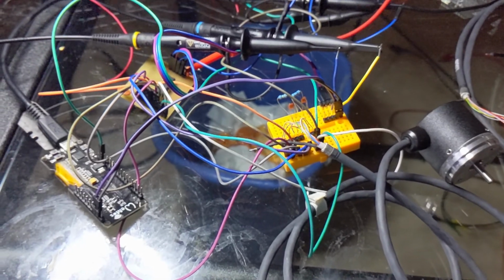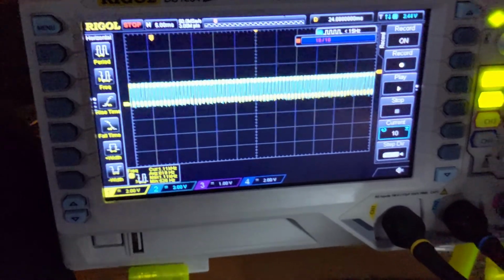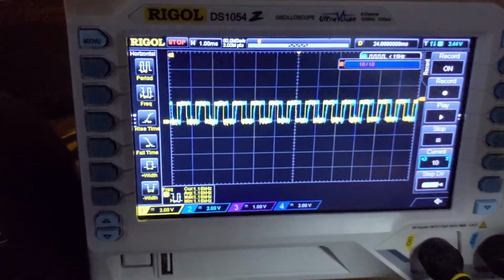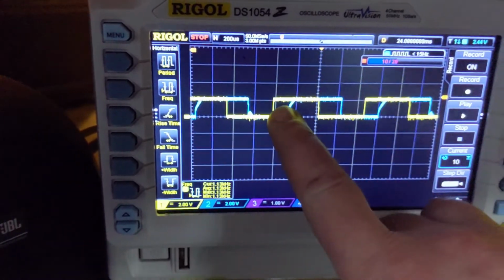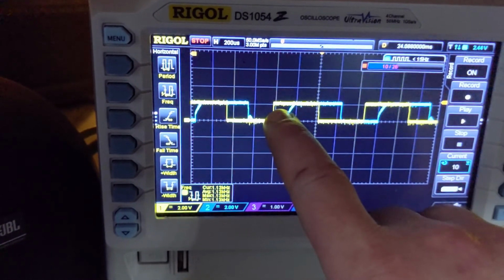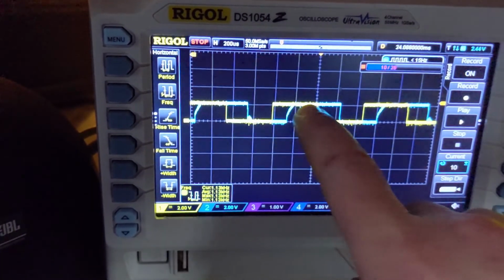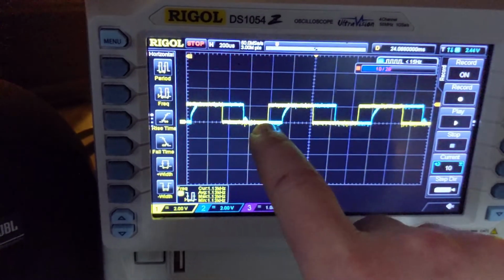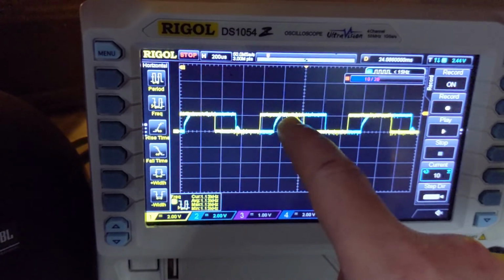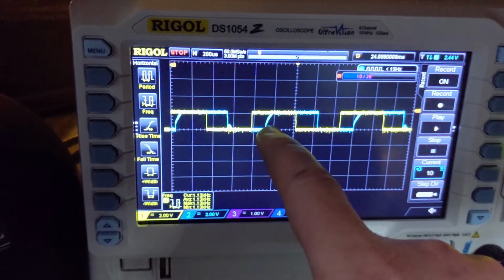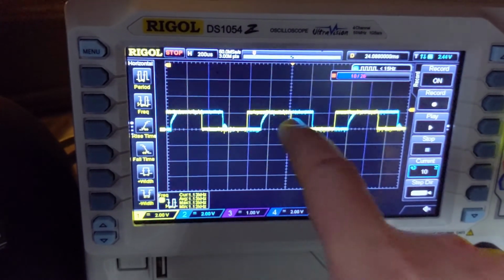So here is a paused view of the raw signal on the scope. You can see that the yellow channel here is leading, so that means we're going clockwise or counterclockwise. And then the blue channel is not quite in the middle.